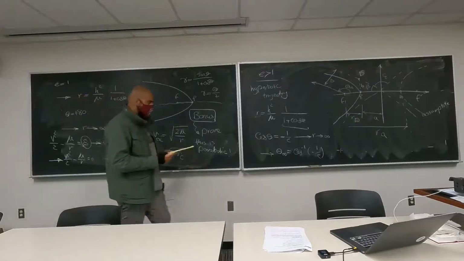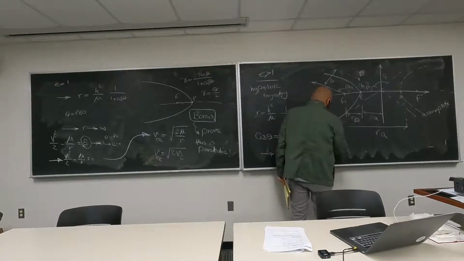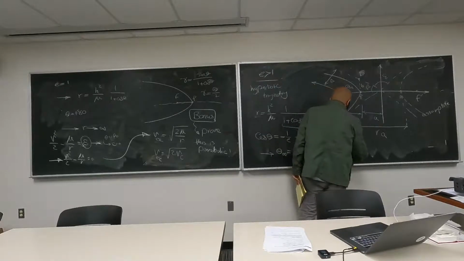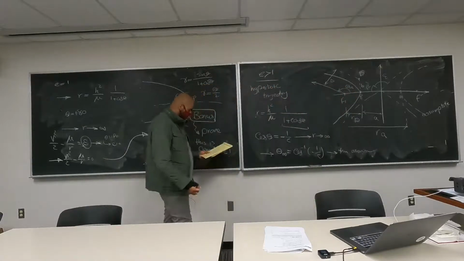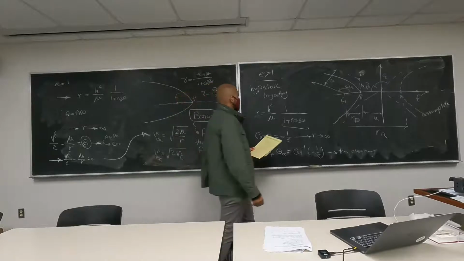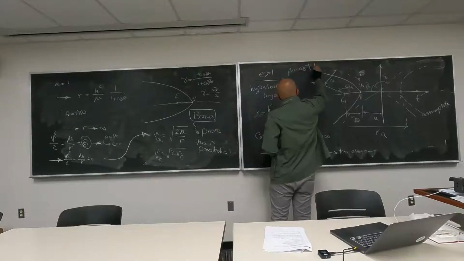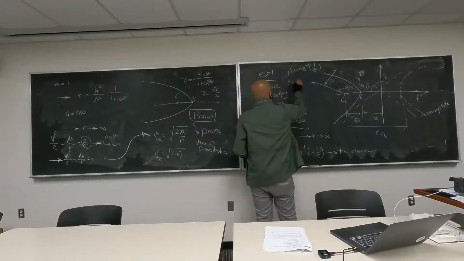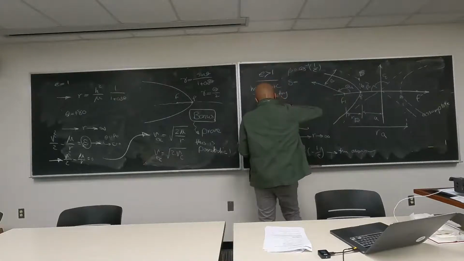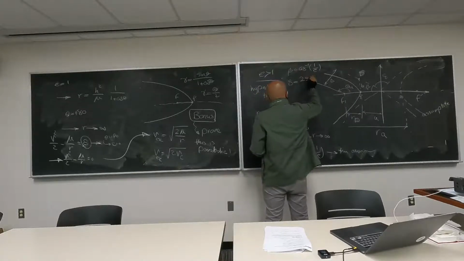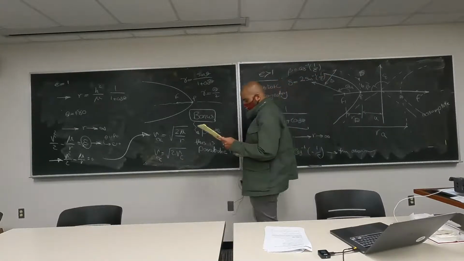That's the true anomaly of the asymptote. Beta can be calculated by taking the inverse cosine of positive 1 over e, and delta is 180 degrees minus 2 beta. If you play with that, you're going to end up with sine inverse of 1 over e.